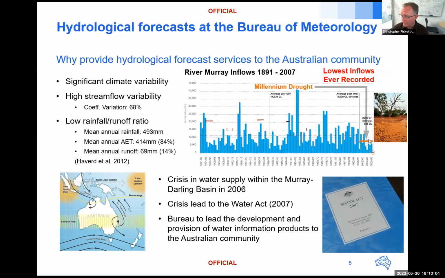I was actually living overseas at the time, where there was basically a crisis in water supply over the Murray-Darling Basin, where guaranteed water supply to Adelaide was not assured, partly because there were very significant water resource limitations, coupled with a general lack of knowledge of the amount of water in the Murray-Darling Basin. Adelaide being a city whose water supply is provided by the Murray River. So that led to the Water Act of 2007 that gave legislative backing for the Bureau to provide a bunch of water information services to the Australian public.